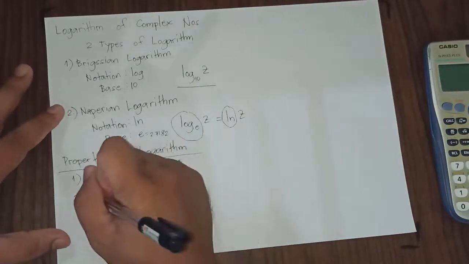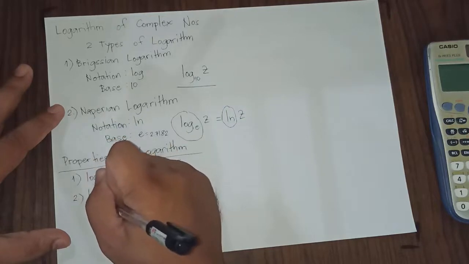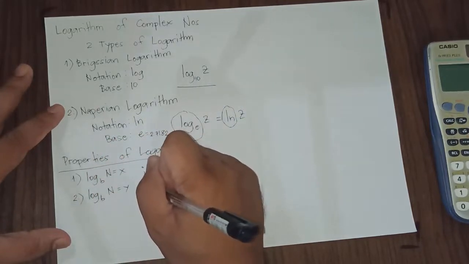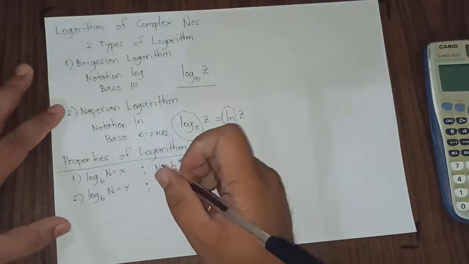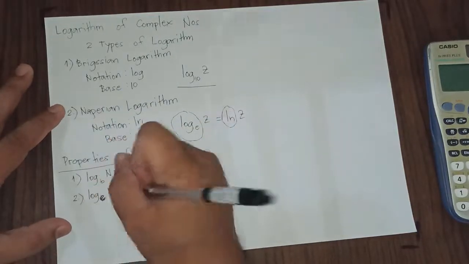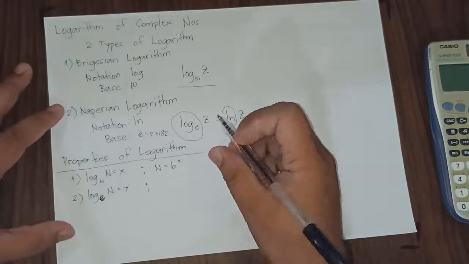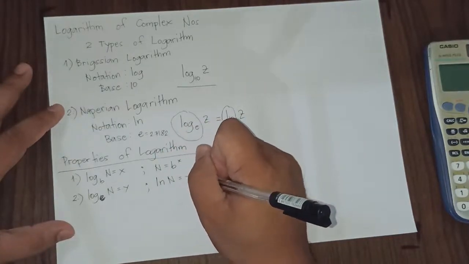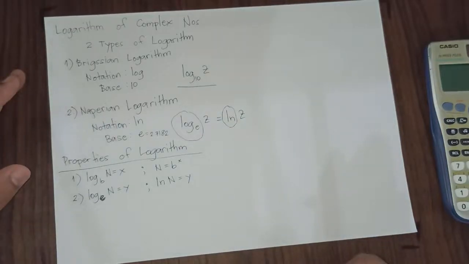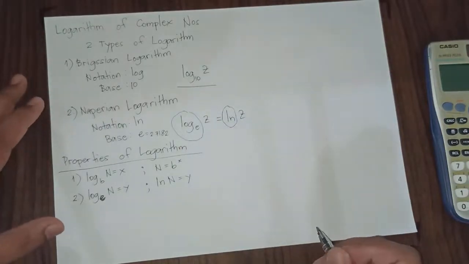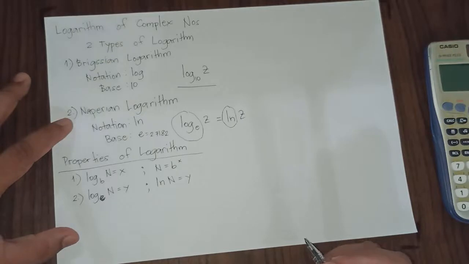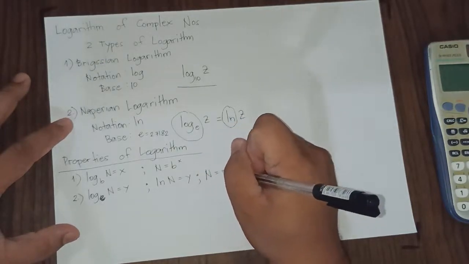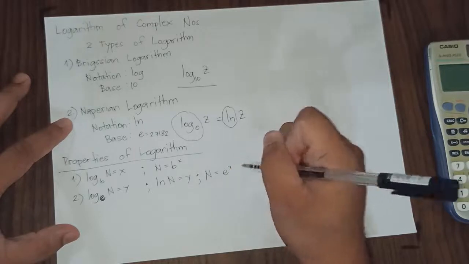We have log b again of n is equal to y. Log e pala ito. Log e n is equal to y. That is ln n. That is equal to y. Right? Or, this is n is equal to e raised to y.